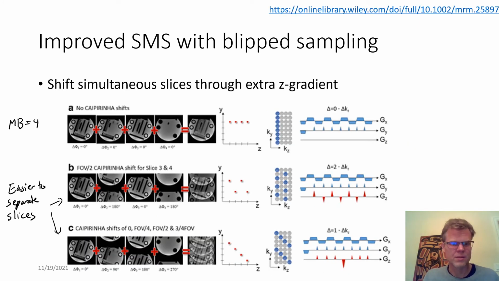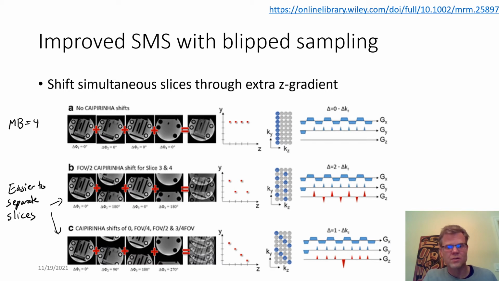So this method is sometimes called CAIPIRINHA, and the middle row illustrates how we might do that. This is multiband 4, exciting 4 different slices, and we can see in the resulting image we get these field of view over 2 shifts for some of our slices, and we can even do field of view over 4 shifts and shift all 4 of these slices into slightly different locations on the resulting images.